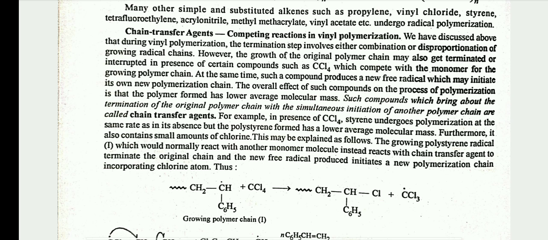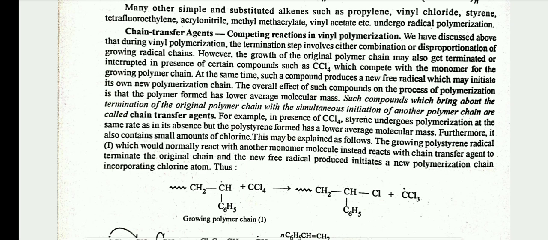At the same time, such a compound produces a new free radical which may initiate its own new polymerization chain. The overall effect of such compounds on the process of polymerization is that the polymer formed has a lower average molecular mass. Such compounds which bring about the termination of the original polymer chain with the simultaneous initiation of another polymer chain are called chain transfer agents.